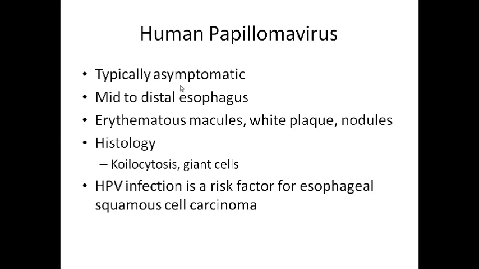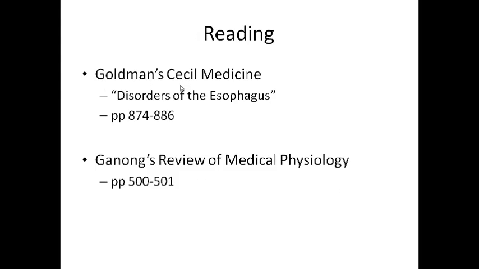Koilocytosis and giant cells. If we do a biopsy here, they'll be due to the viral infection. And of course, HPV, we have a risk of other cancers, but also a risk of squamous cell carcinoma of the esophagus with human papillomavirus.